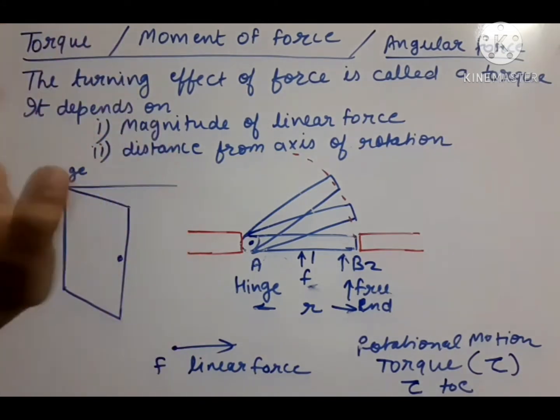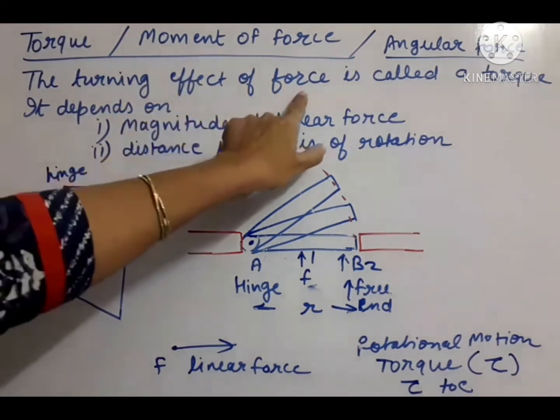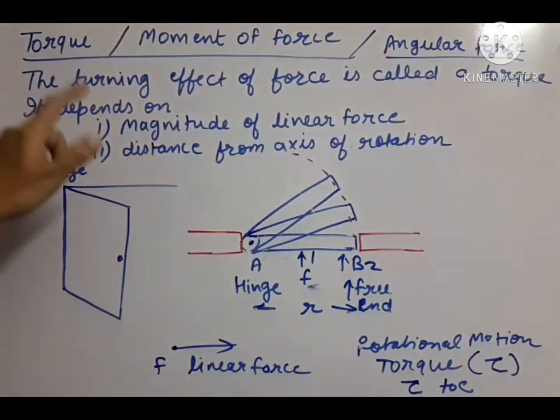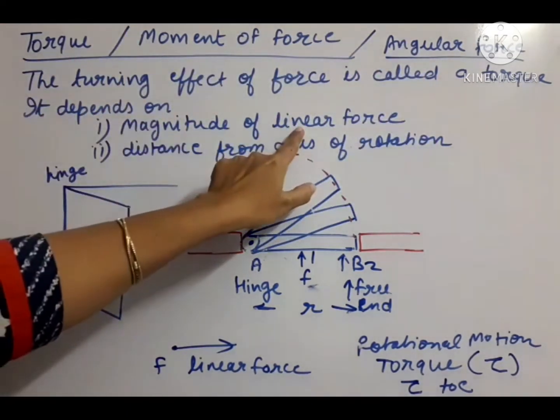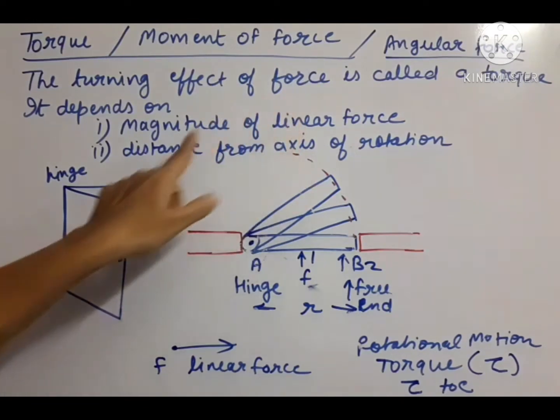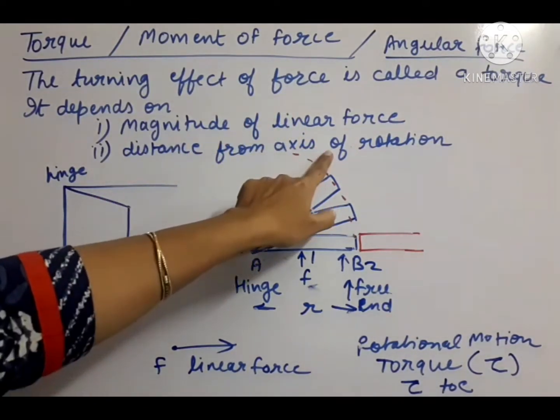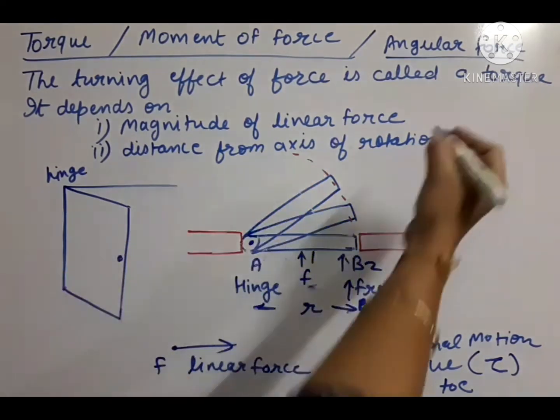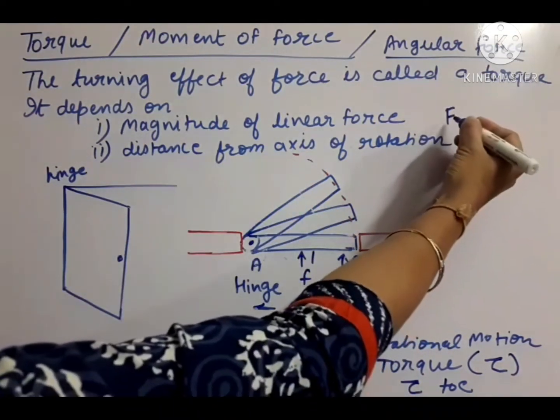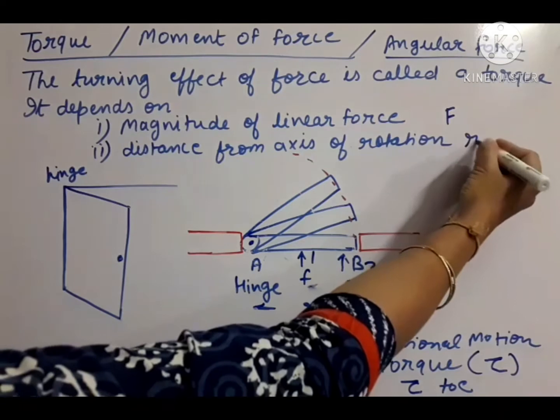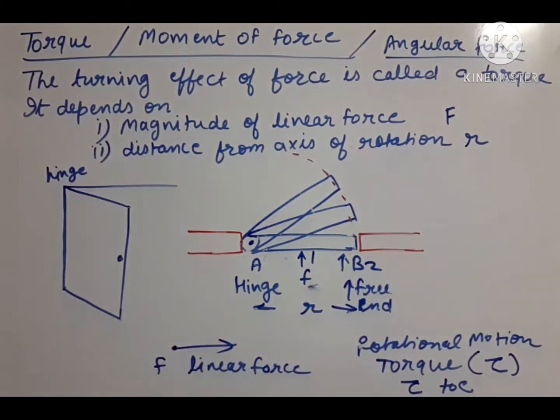So let us now conclude. The turning effect of the force is called the torque, and it depends upon the magnitude of the linear force which we apply and the distance from the axis of rotation. So it depends upon two quantities. Torque depends upon force F and distance from the axis of rotation r.